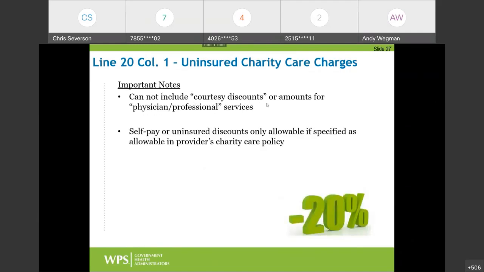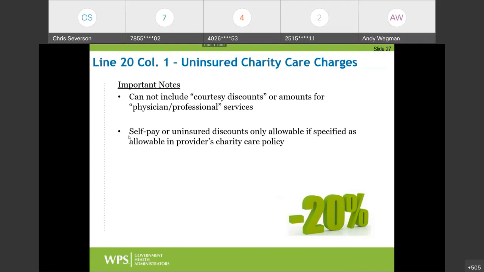Courtesy discounts, which a lot of times hospitals give for clergy, sometimes for family, those types of courtesy discounts that have nothing to do with financial status are not allowable. Physician professional services are never allowable as well.